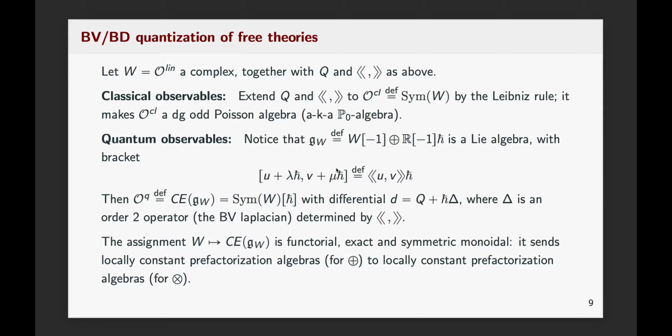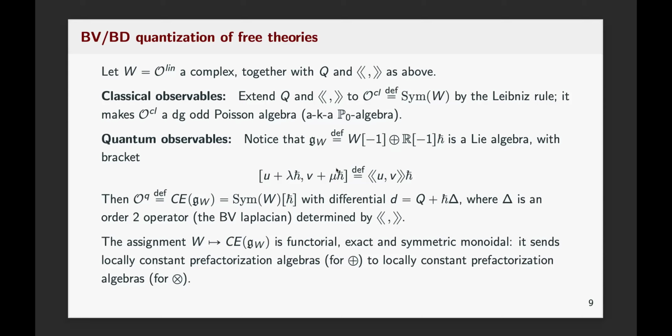Essentially, the quantum observables are the Schrödinger complex, the complex of Schrödinger chains on this Lie algebra. So that boils down, as a vector space or as a chain complex, to Sym of W with h bar adjoined. So we just add this parameter h bar to the classical observables. But now the differential is deformed, so it's the old differential plus h bar times something.